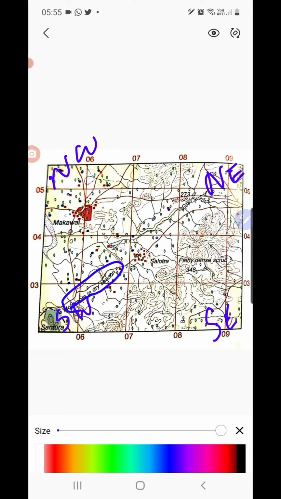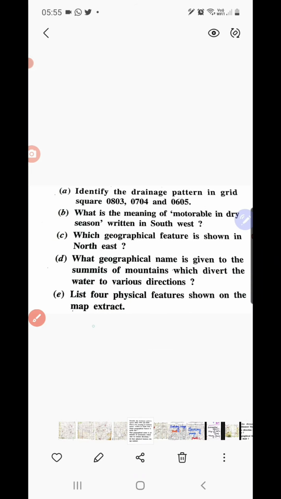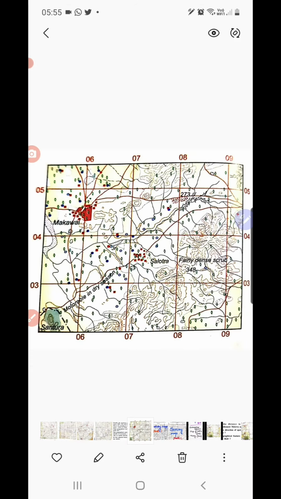Moving to the next question. Question C, which geographical feature is shown in northeast? Let's see which one. Northeast corner. Where is the northeast of this map? Here is the northeast.